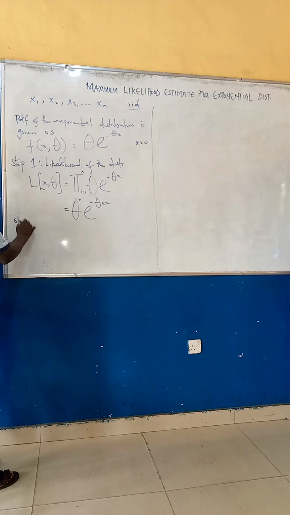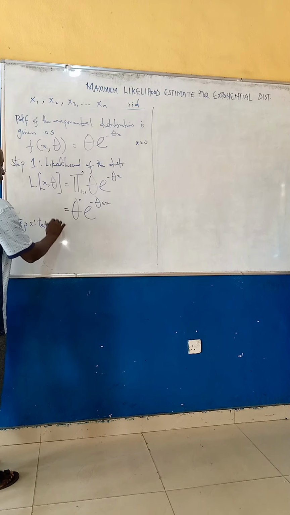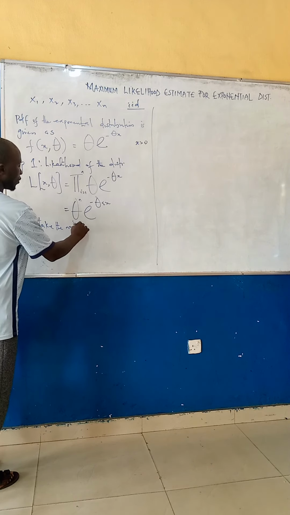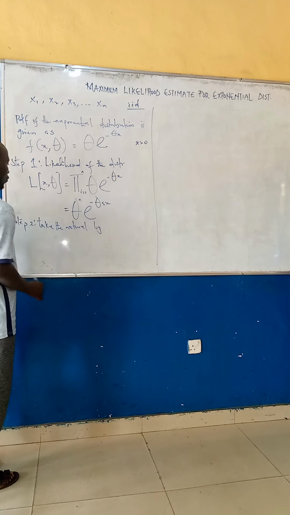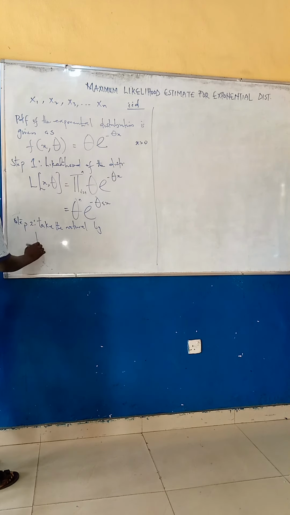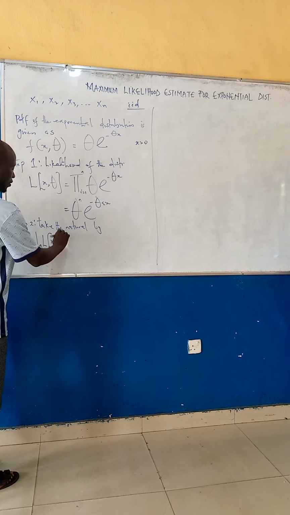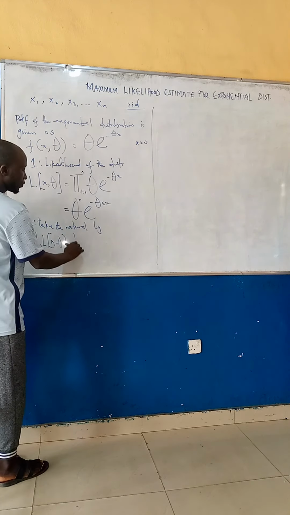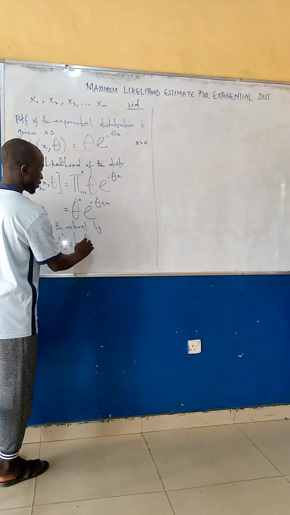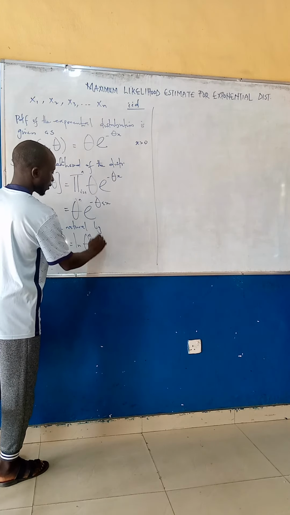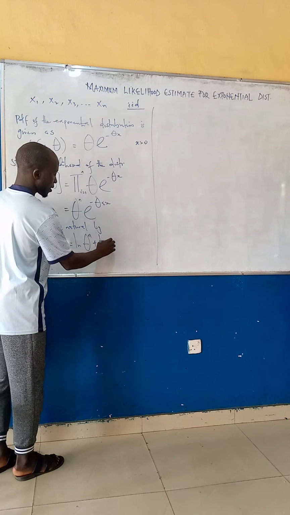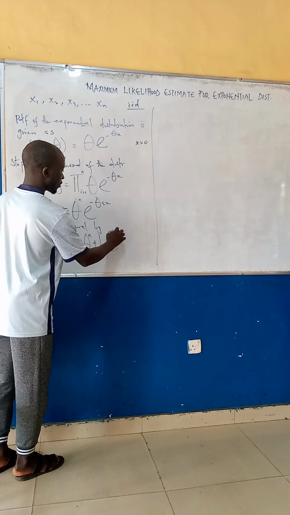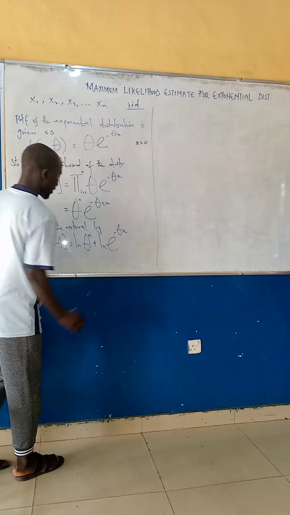Now step 2. On this step 2, what we're going to do is to take the natural log. So the ln of the likelihood L(x, θ) equals ln of θ raised to power n plus ln of exp(−θ summation x).